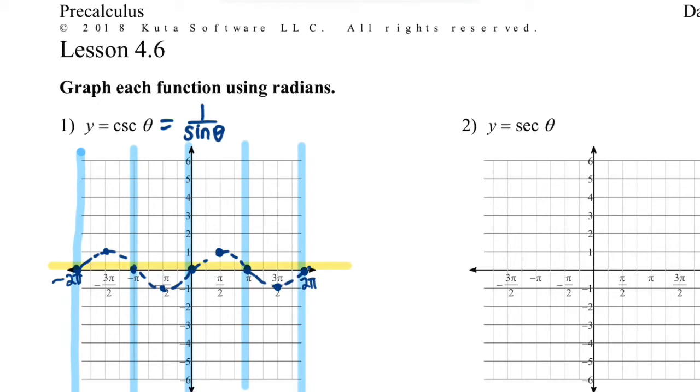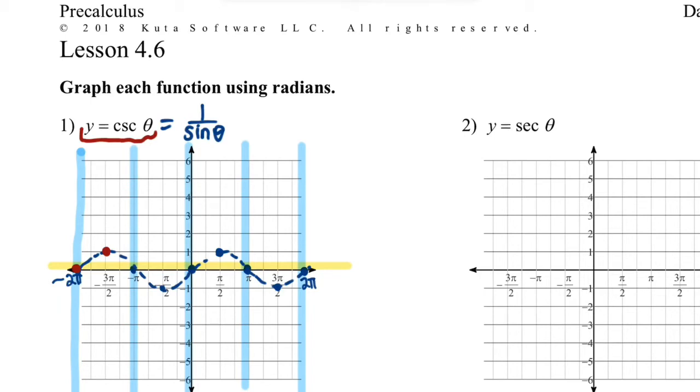The reciprocal function, I'm going to plot this in red so we could tell the difference between the graphs. When the sine of theta gives me an output of 1, I'm going to have 1 over 1. When the sine of theta gives me an output of 0, I have 1 over 0, which is undefined, which is your vertical asymptote.